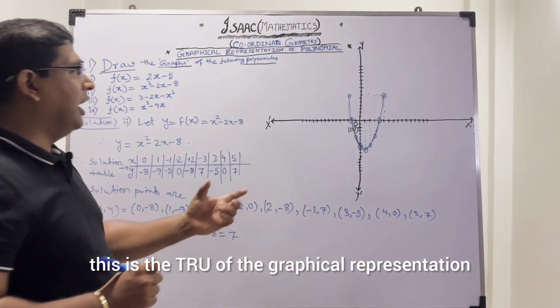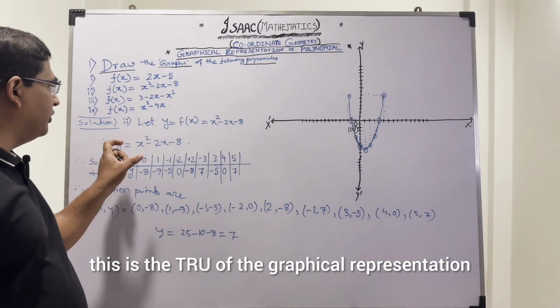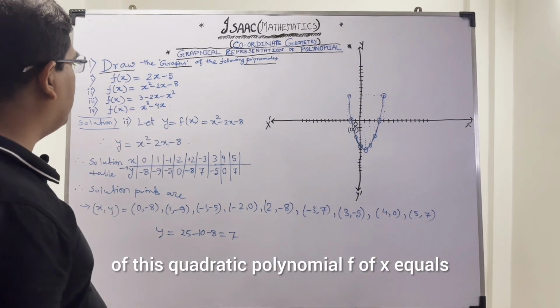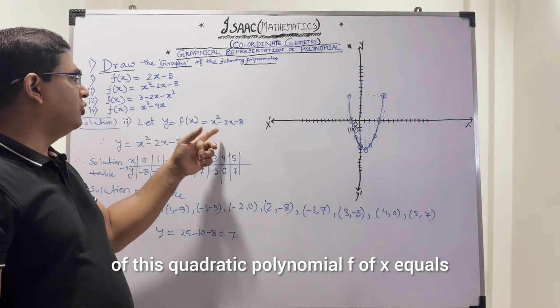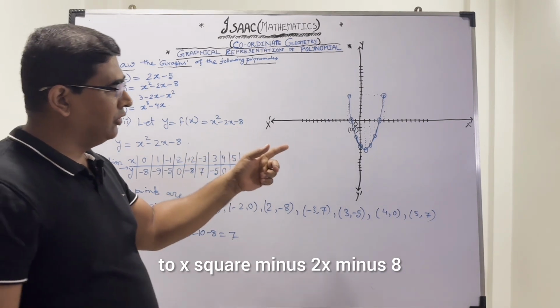This is the clear view of the graphical representation of this quadratic polynomial f of x equals x square minus 2x minus 8. Okay.